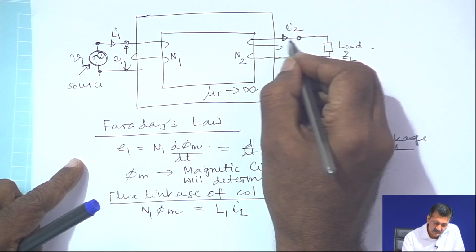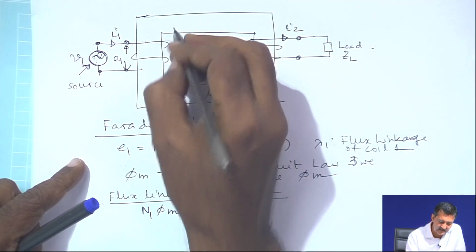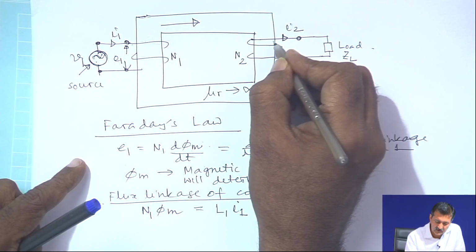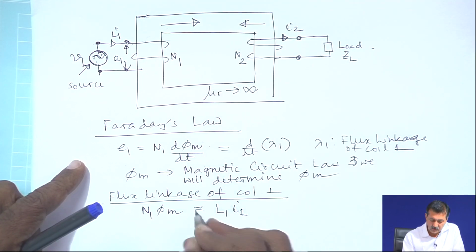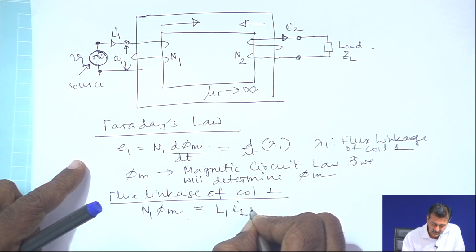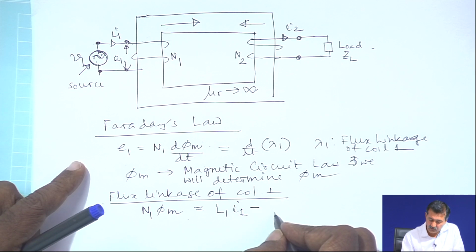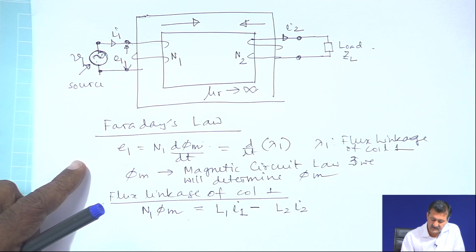Let us see, this current going here in this direction is creating flux in this direction, and this current going there is creating flux in this direction. So, the total flux linked by this coil is L 1 I 1 minus, if I do it a little elaborately, L 2 I 2, the flux linked created by the coil I 2.